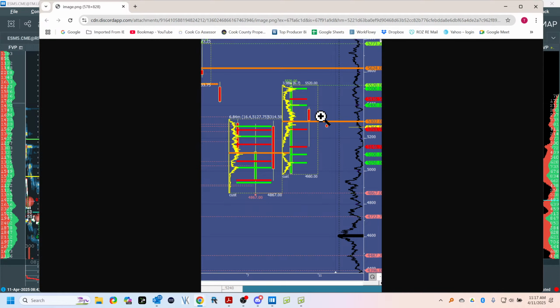Would not be surprised at all if we take out yesterday's high and rotate. In other words, the market's like got hit with the 2x4 over here, and then it consolidates, two-sided trade, and now we're just going to try to figure out what's going on here.